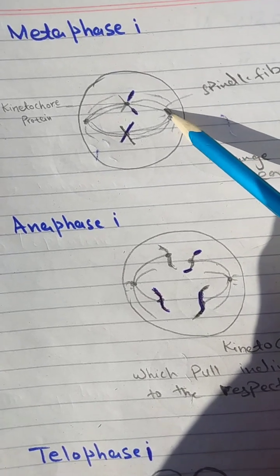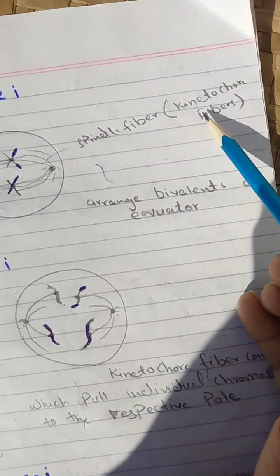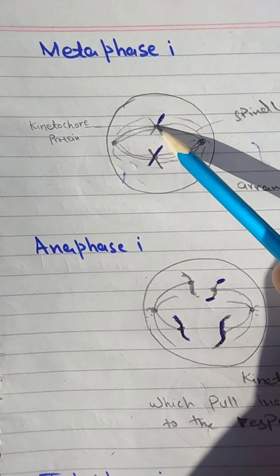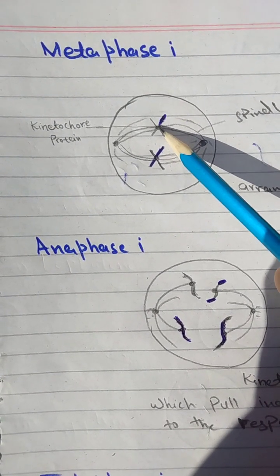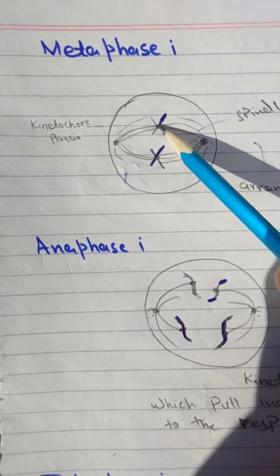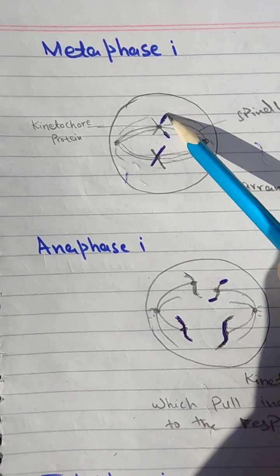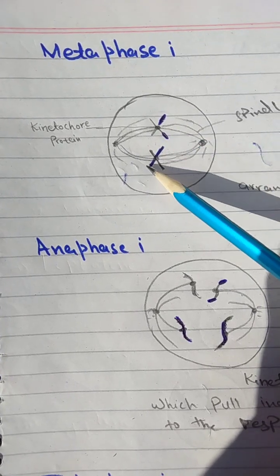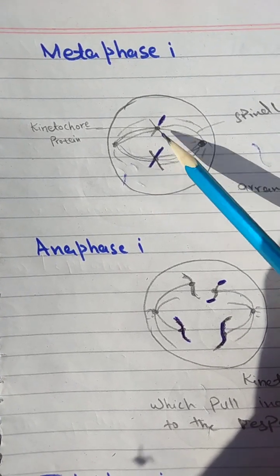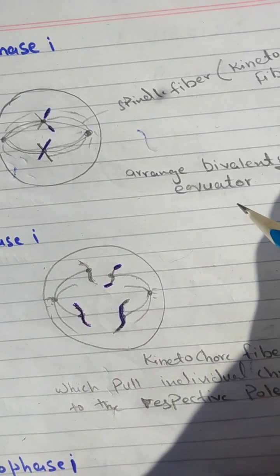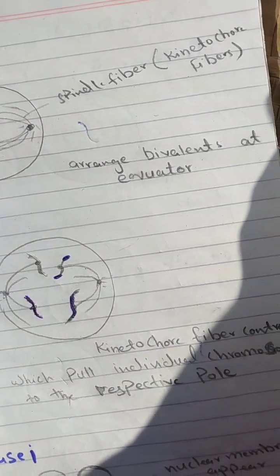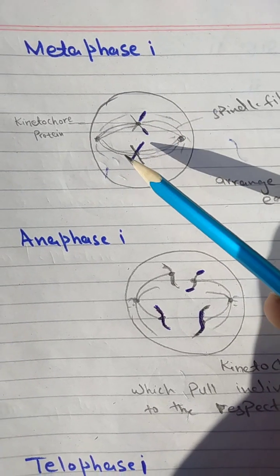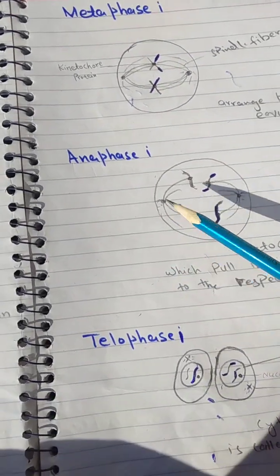The kinetochore fibers attach to the kinetochore protein of the centromere and place these homologous chromosomes in the equatorial plate. The bivalent chromosomes are arranged at the equatorial plate in metaphase.